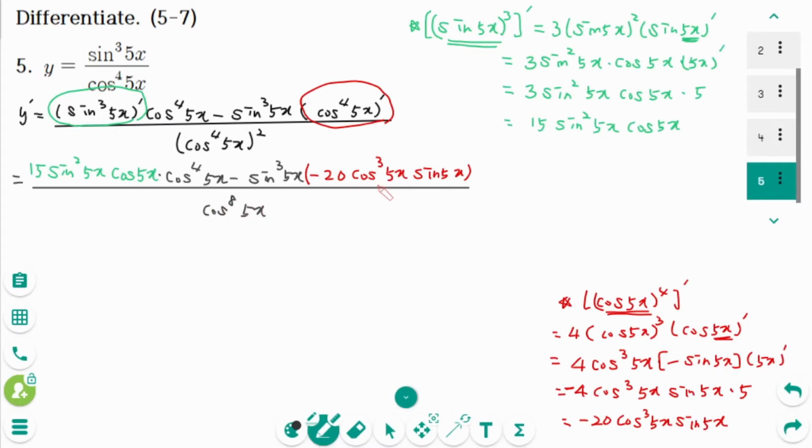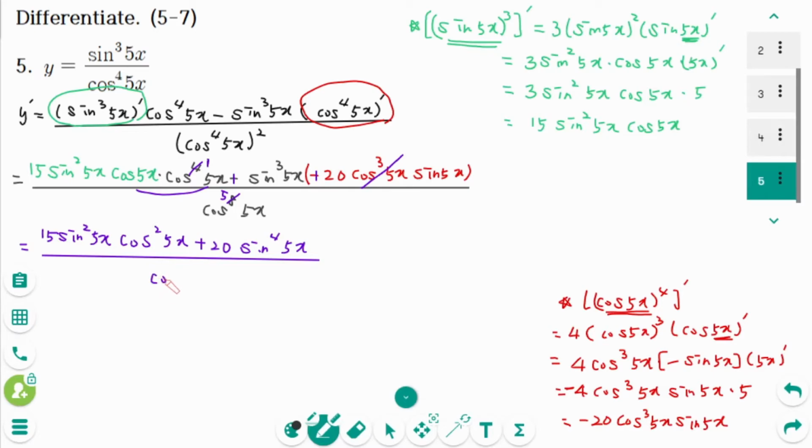Cancel the common factor, which is cosine cubed of 5x, and only 1 is left over. This is 5 cosine... equals 15 sine squared of 5x. This is combined together: cosine squared 5x makes positive 20 sine to the power of 4 of 5x, over cosine to the power of 5 of 5x.